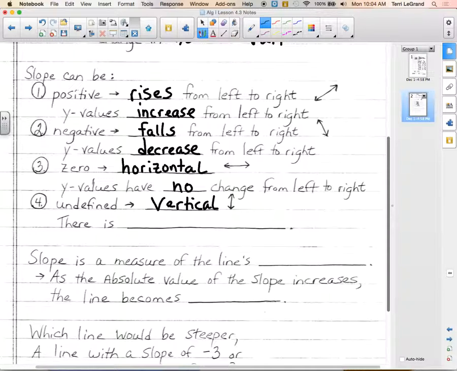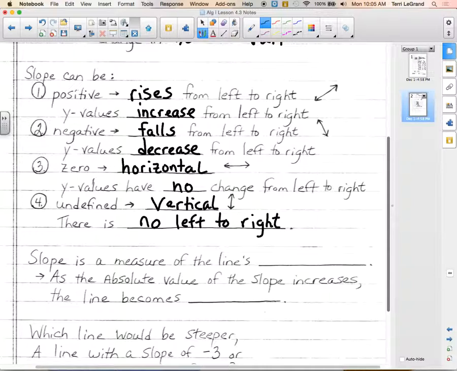What does not happen with a vertical line? Does it go horizontal? No, that's right. So there is no left to right. In other words, we can't talk about the x values controlling anything because there is no left to right.